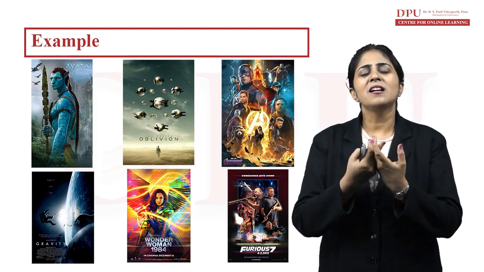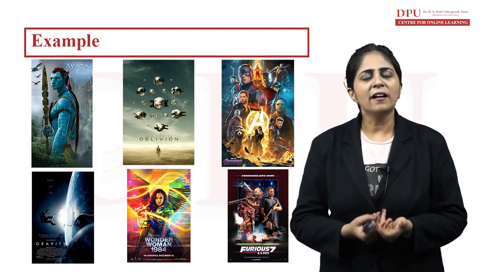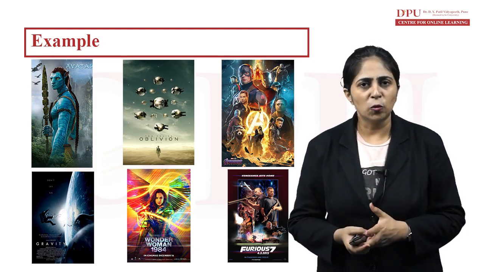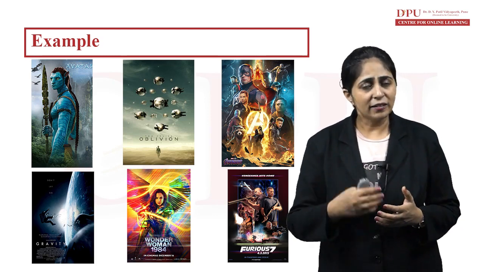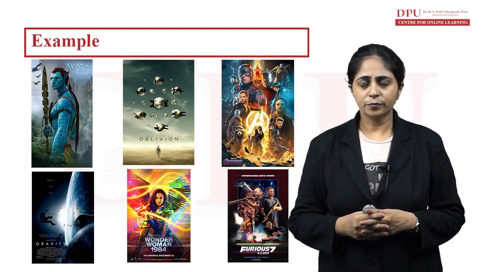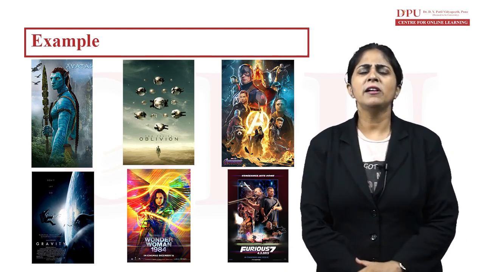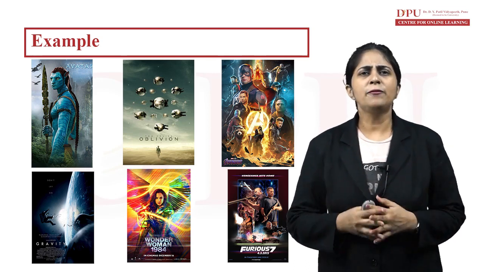Like what taste of movies a person prefers, only that taste of movies will be recommended to him. So that is how our RBM plays a role there. In our entertainment industry today, we have been using this RBM very frequently.